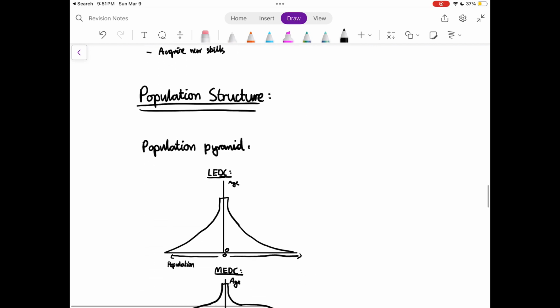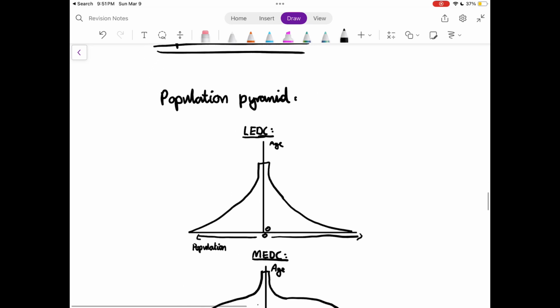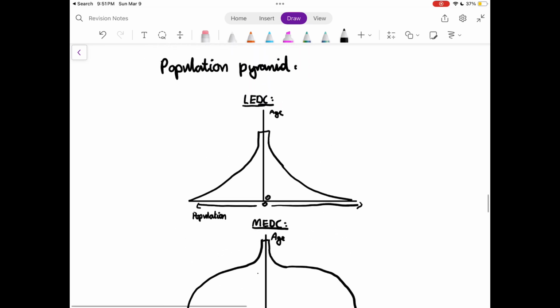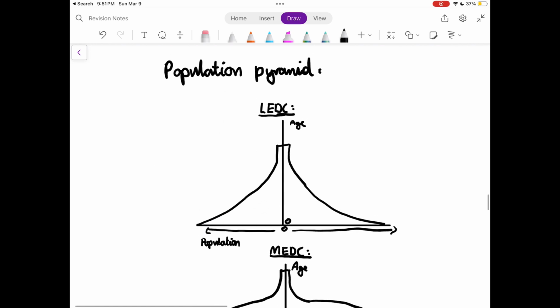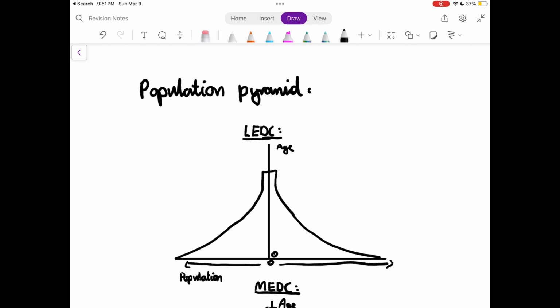Okay, so next we're going to look at population structure and more specifically population pyramids. So for these population pyramids, all you need to know are the different characteristics depending on the income of each country. So for LEDCs, that's less economically developed countries, you would see that they have a wider base right here.